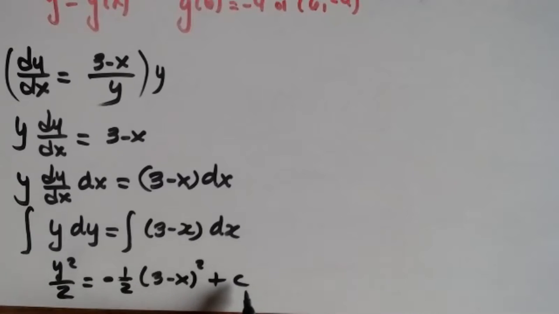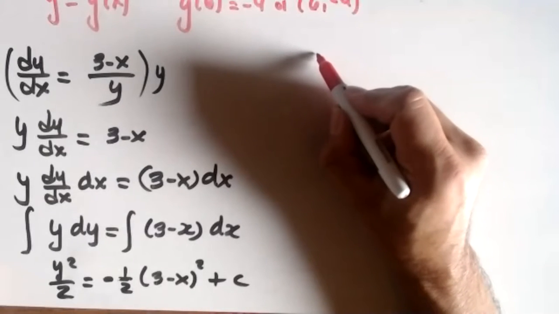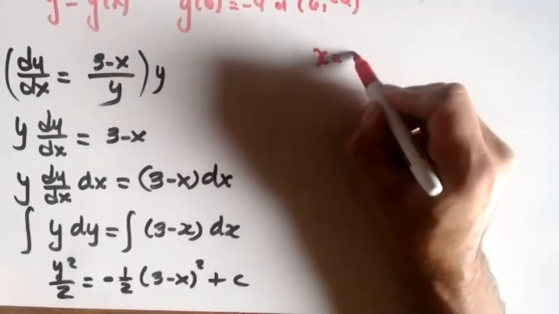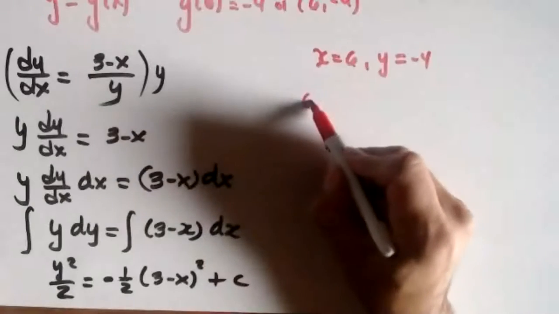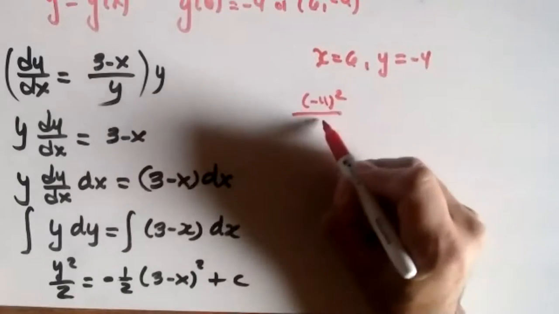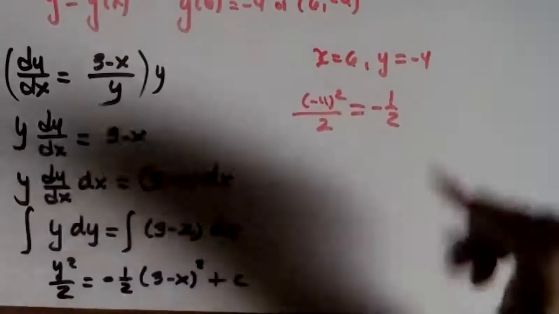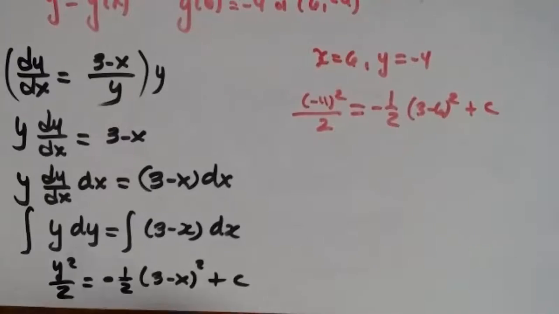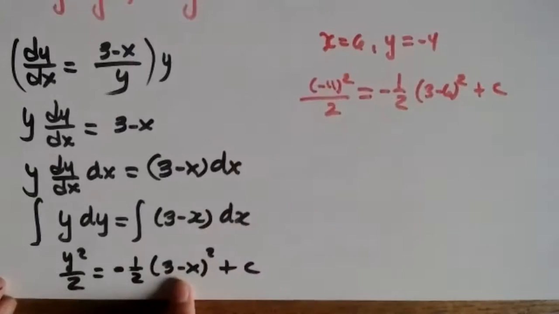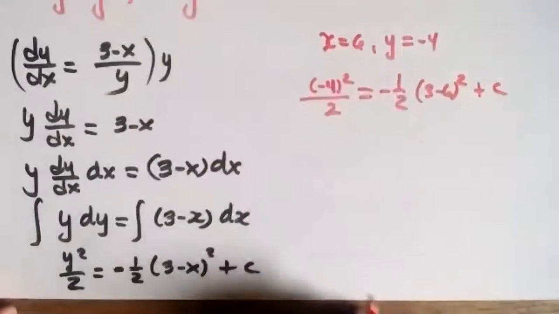So this is my solution, so I need to determine the c. That's not calculus, that's algebra. So for x equals 6, y equals -4. So I'm going to put here (-4) squared over 2 equals -1/2 (3 minus 6) squared plus c. So the only thing I have to do is put these values in this solution to find the c.